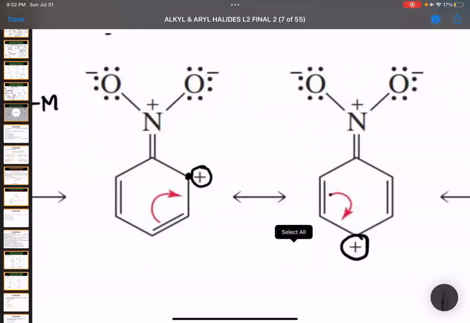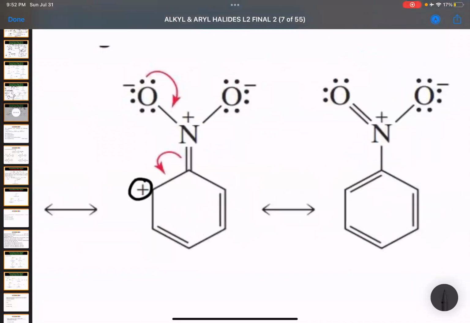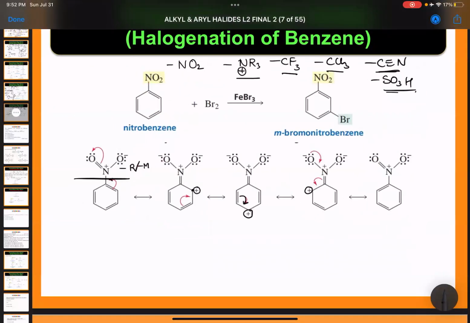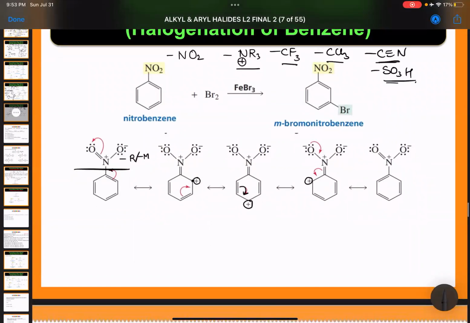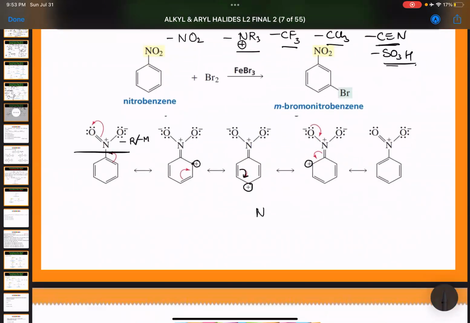Another one is this, and it will come on this, and it will get back to its original position. So these are the resonance structures of nitrobenzene, one by one. But the actual structure will be, because electrons don't move to this place, at that place, and that place one by one, it will be simultaneously happening. So the actual structure will be the average structure of all these structures, which is known as the resonance hybrid.